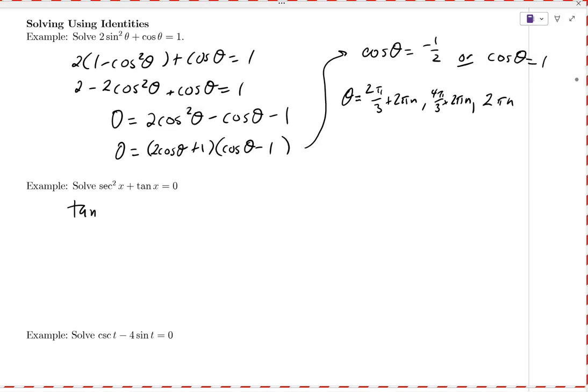Good. And I'll just rearrange. So secant squared is the same thing as tangent squared plus 1. So you'll have tangent squared x plus 1, and then plus that extra tangent x on the end. I just rewrote it so that our powers are descending.